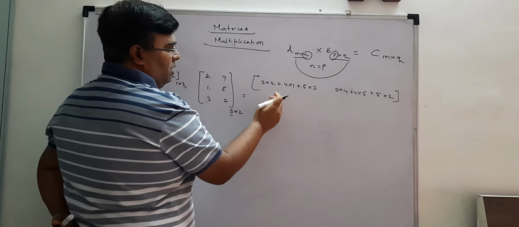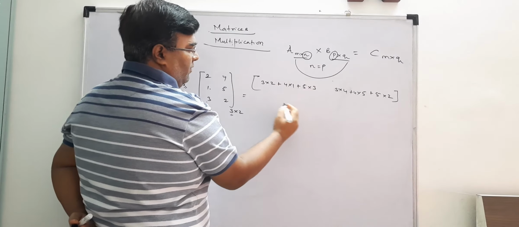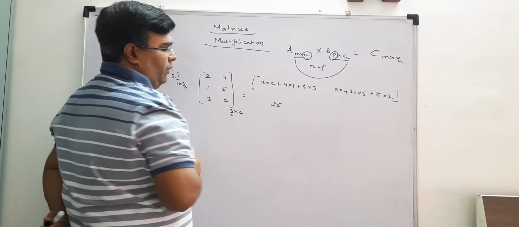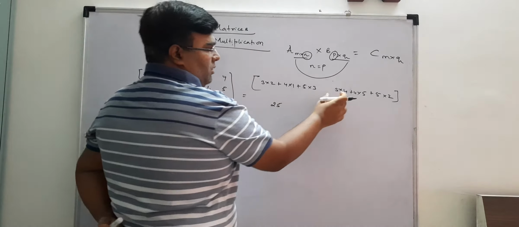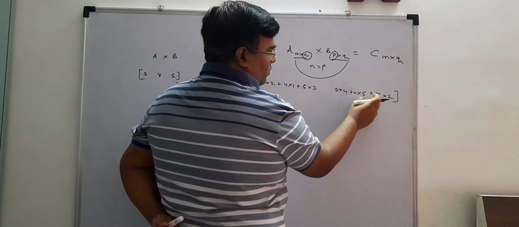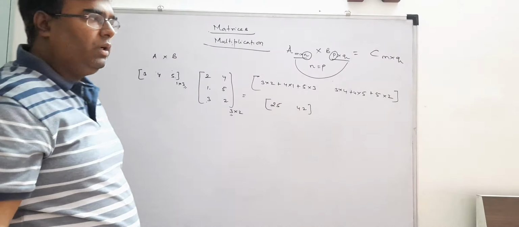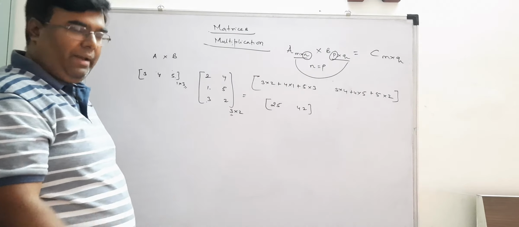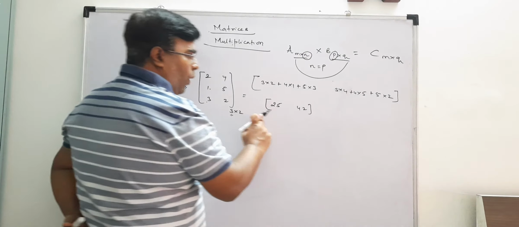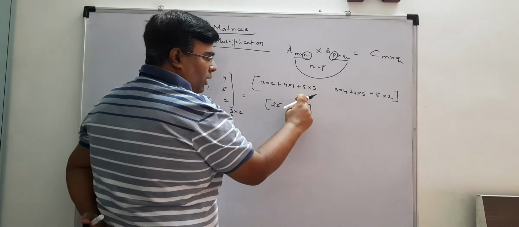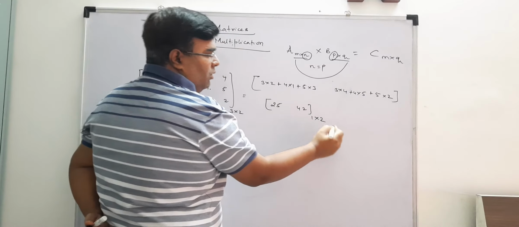Let us find the values. 6 plus 4, 10, plus 15, 25; 12 plus 20 plus 10, 42. So we have got a matrix with only one row and two columns, meaning the order is 1 by 2.